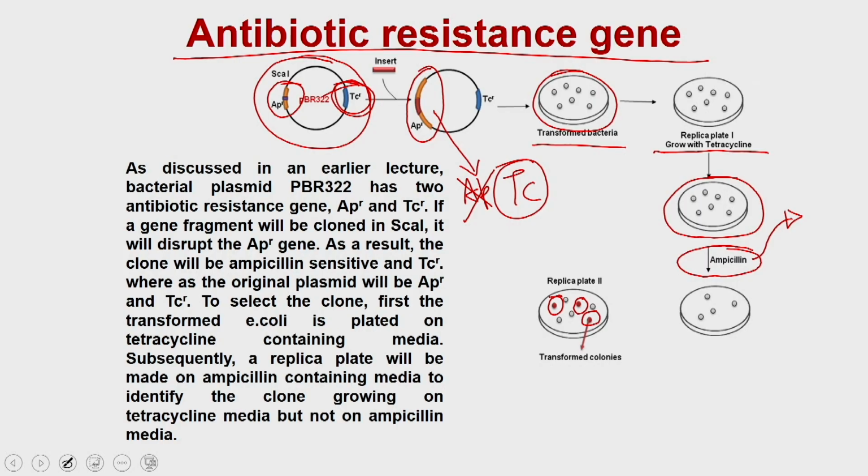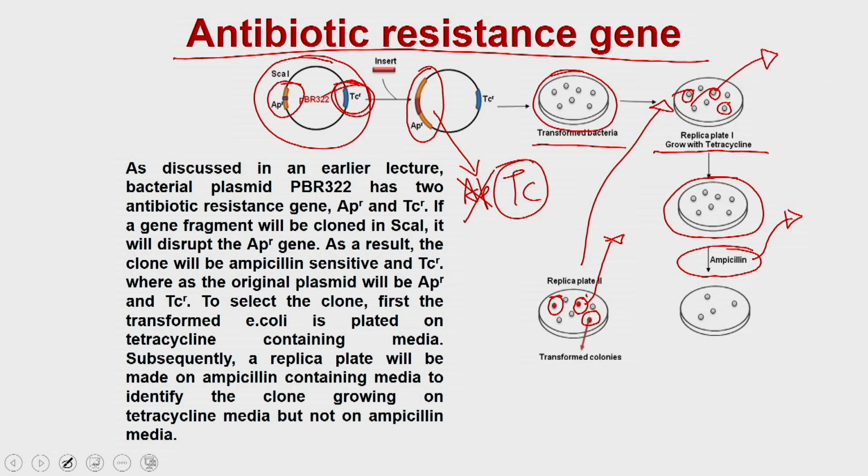Okay. So, these are the colonies which have actually received the recombinant DNA, so now you can take this and go to the original master plate and extract them. So, you can take out these colonies and you can use them for downstream applications.